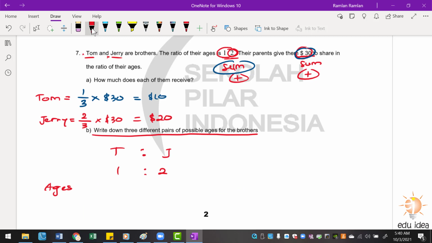For example, let's say Tom is 8 years old, right? So again, multiply this by 8, so also multiply this by 8, and you will get 16, right?